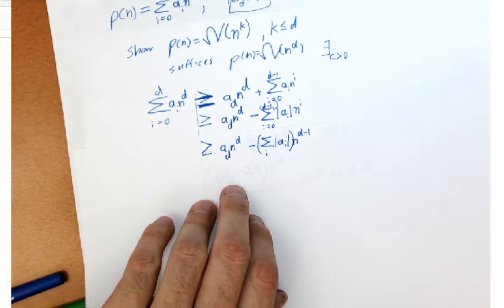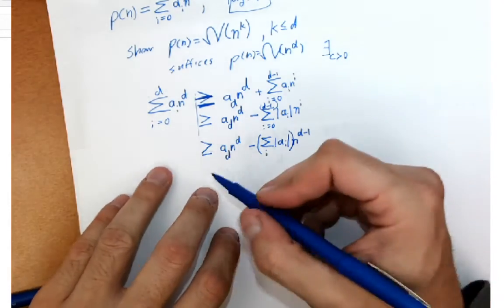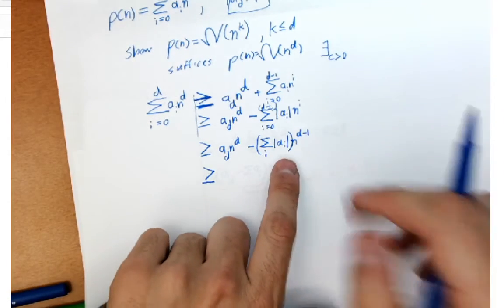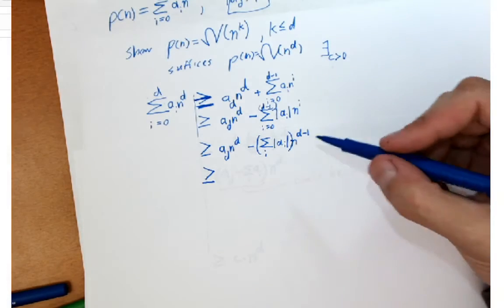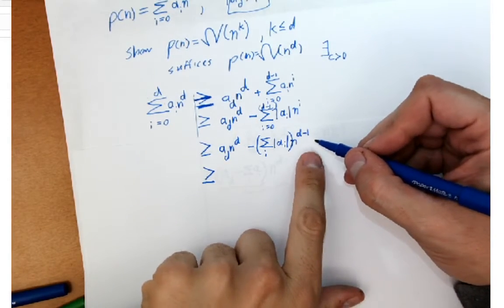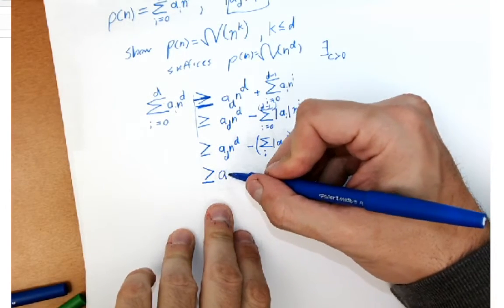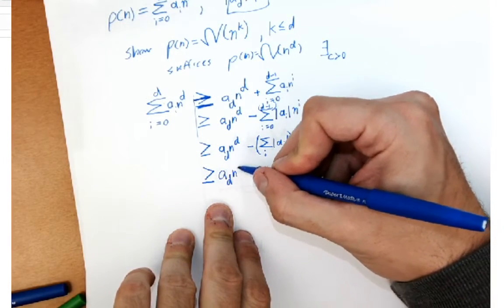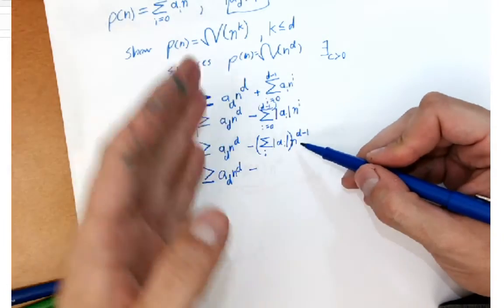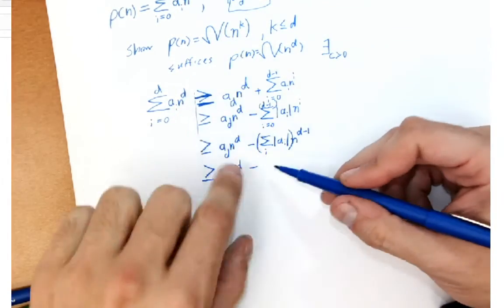Right? Now the trick is I can say that this is greater than or equal to, and I can kind of multiply by n divided by n naught over here. So this is a sub d, n to the d, minus, and then again, still keeping this thing, that part bigger, which makes the whole thing smaller.